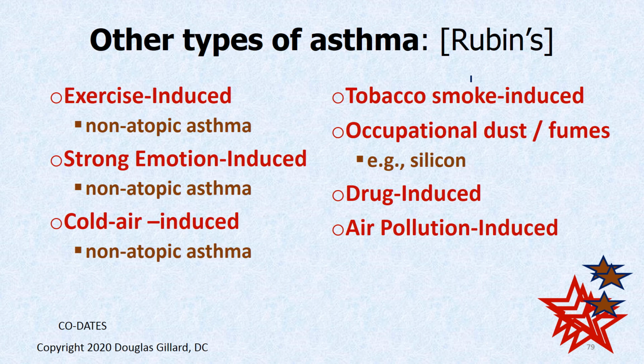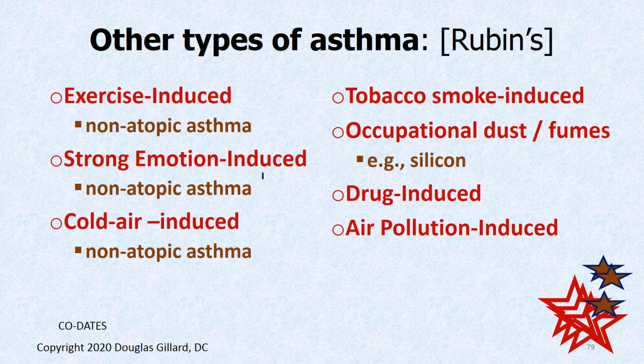There are other types of asthma. This slide is kind of out of place, I think. But there are other types of asthma I'm not going to get into, but you should be aware of. There's exercise-induced asthma, which is considered a non-atopic asthma. There's strong emotion-induced, when you have an emotional reaction to something.